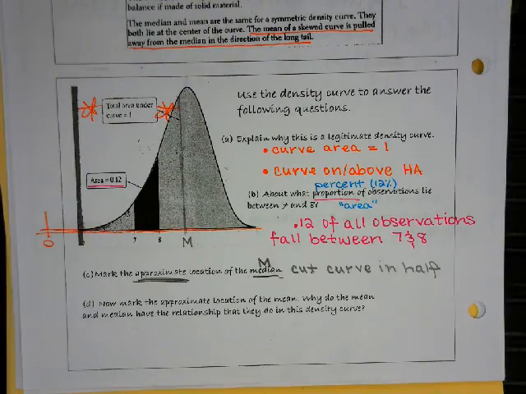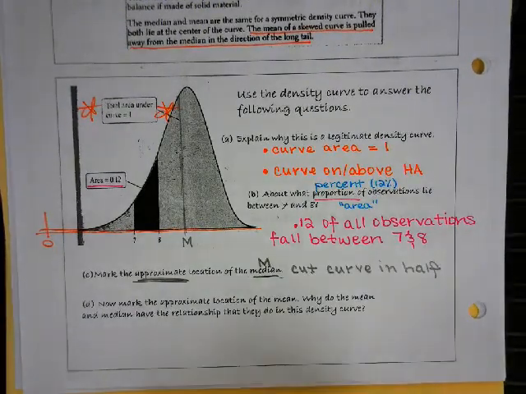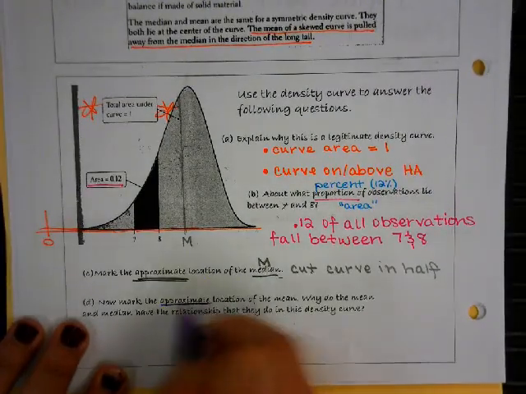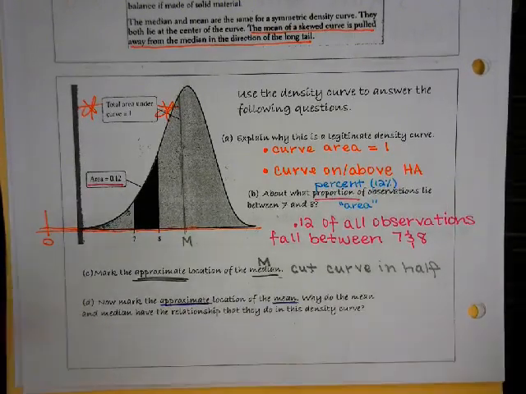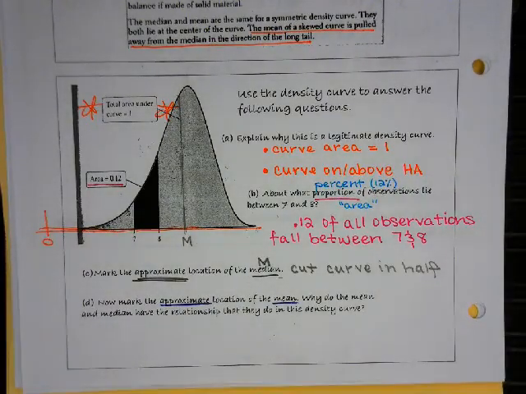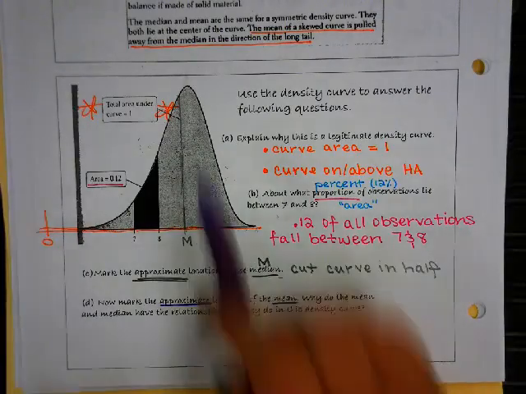Part D says now mark the approximate location of the mean. So again, approximate. This time we're doing the mean. And remember, if you have a skewed distribution, your mean gets pulled towards the tail. So we have some skewness to the left.